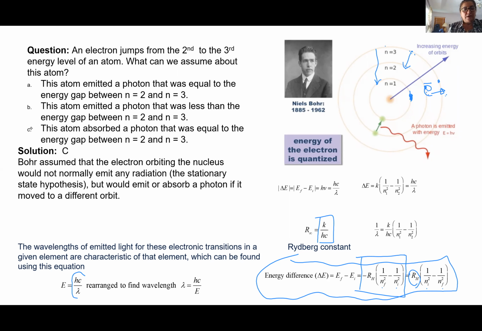So when you find the energy from the Rydberg equation, you can plug that energy value into this equation, and then you can find the wavelength, because sometimes the question is asking for energy only, other times it is asking for the wavelength.